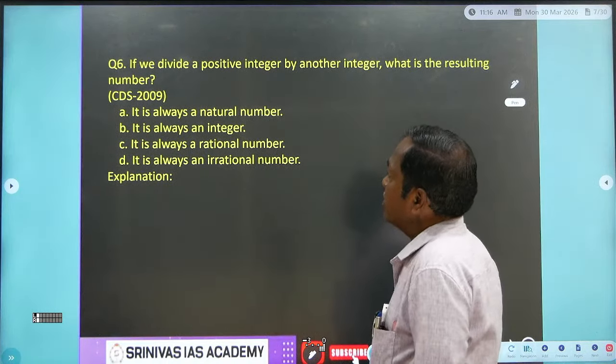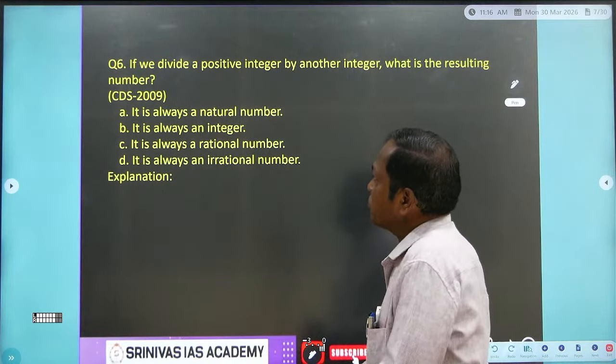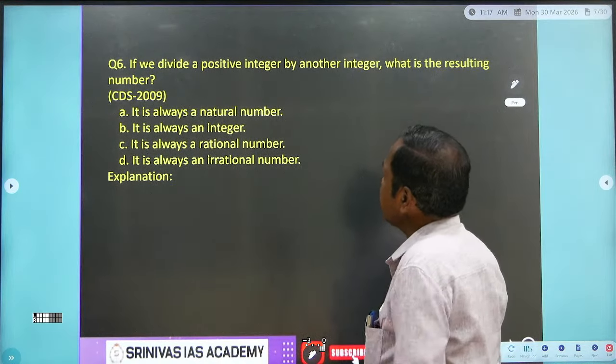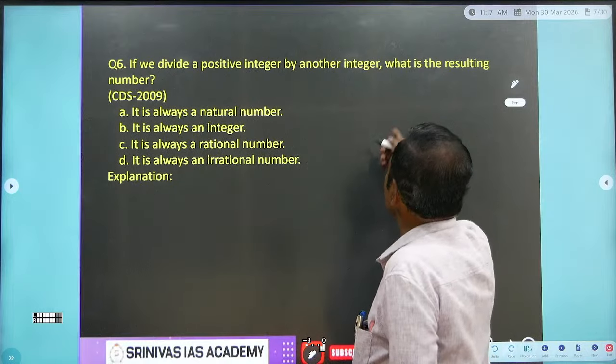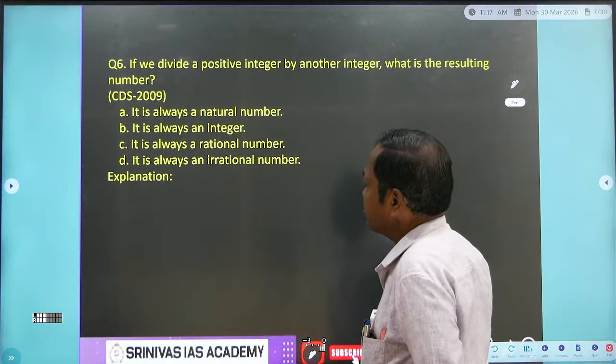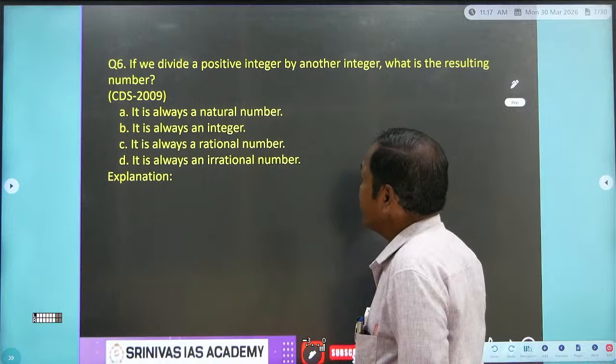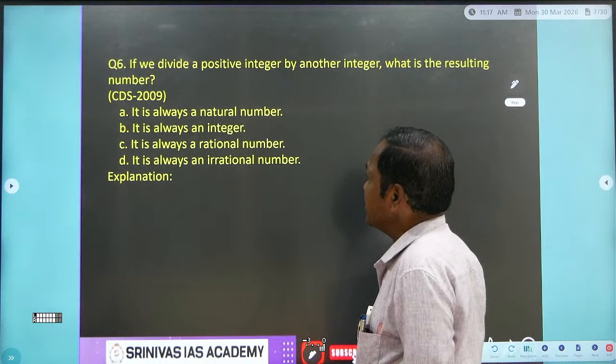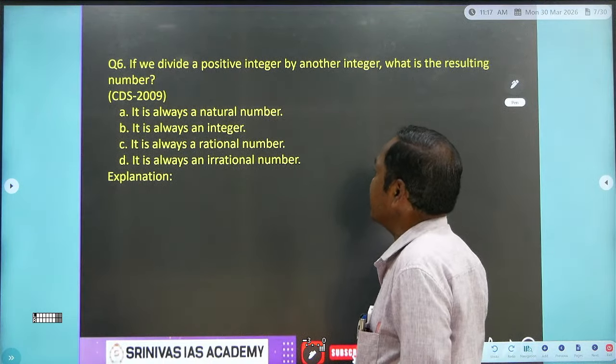Now, see, this is also a serious question, 2009. If we divide a positive integer by another integer, what is the resultant number? It is always a natural number, it is always an integer, it is always a rational number, it is always an irrational number.